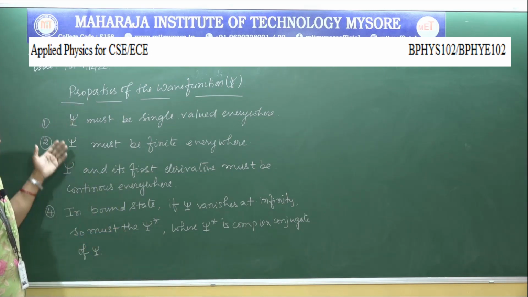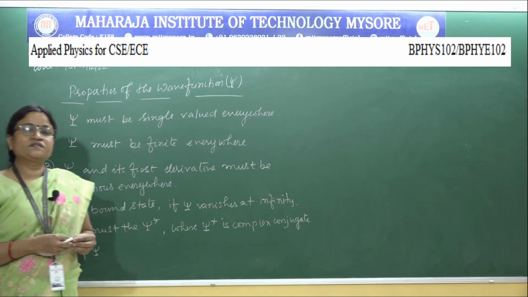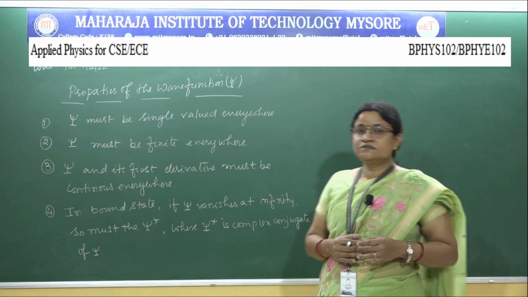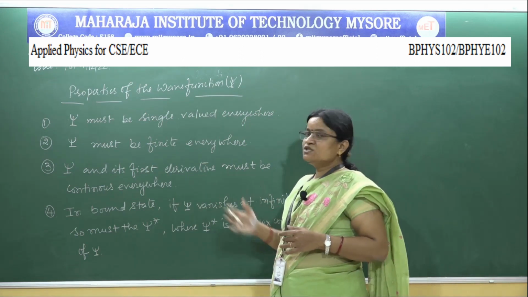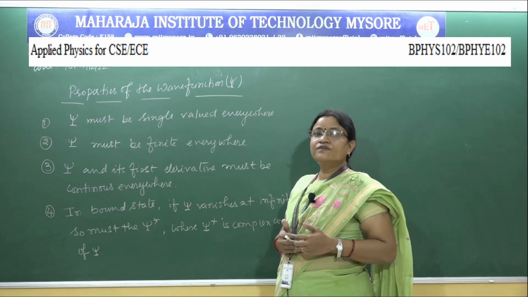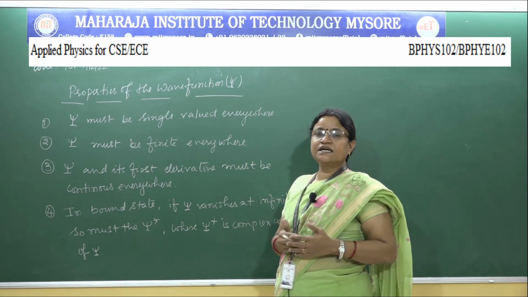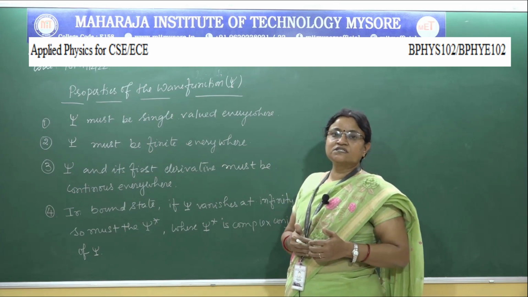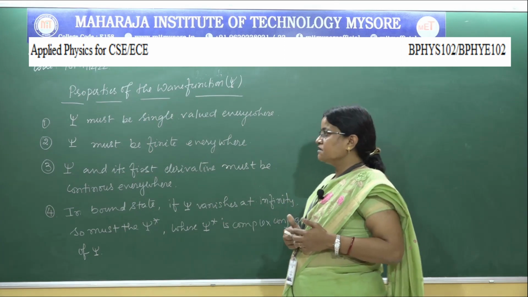So what are the properties of the wave function? We must know them so that we can say that a particular function is a wave function, means it describes the material particle.